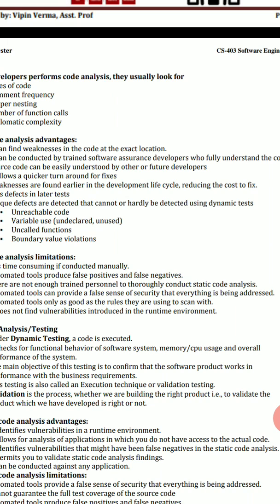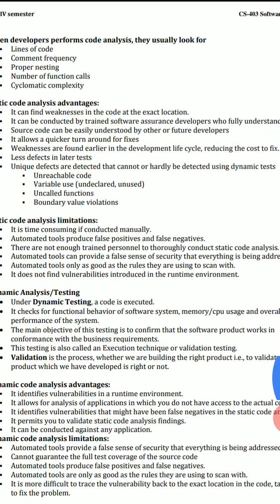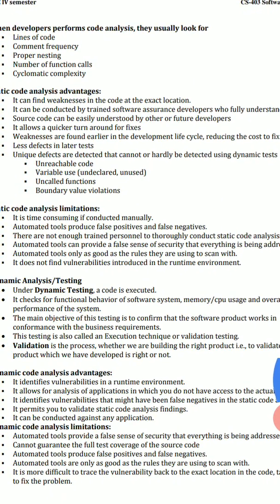Static software testing must be applied by professionals who are trained, who have the technical skills, and who are more technically sound in the software development process.